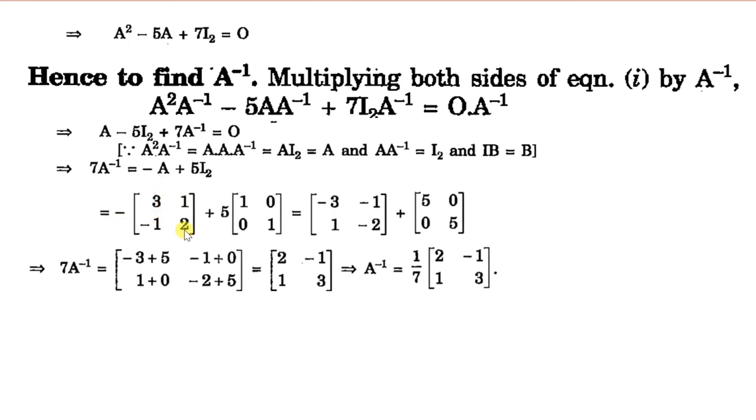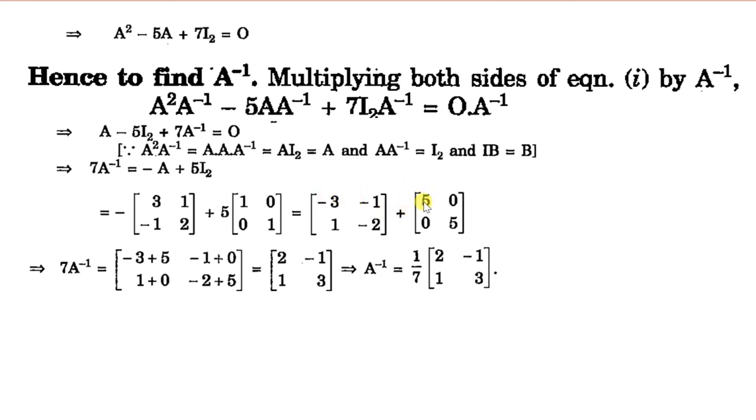So put the values of A and I2 here, you get minus [3 1; minus 1 2]. This is the A matrix, and I2 means the identity matrix. Then simplify it. 5 is to be multiplied with each element of the identity matrix first, so it becomes 5, 0, 0, 5. And then you have to add the two matrices term wise.